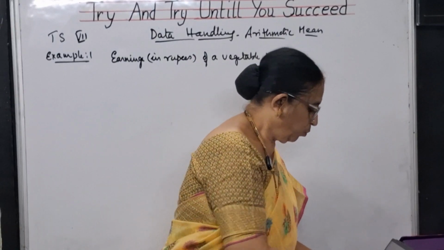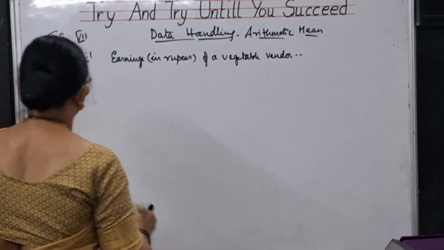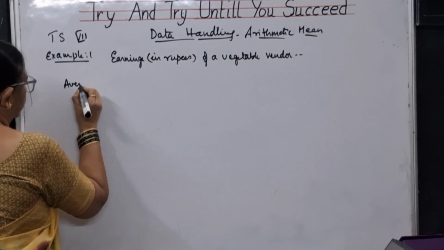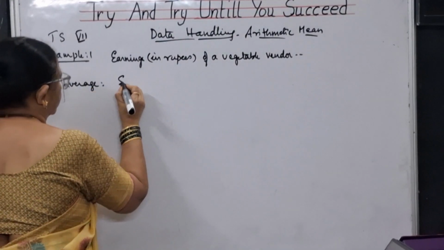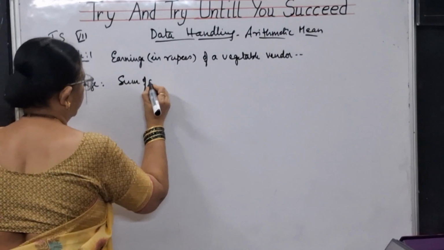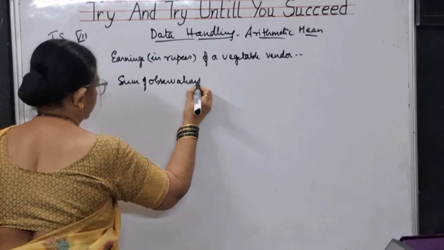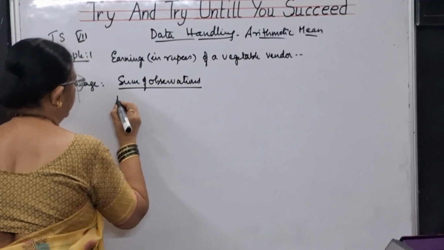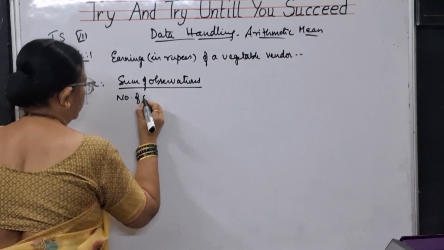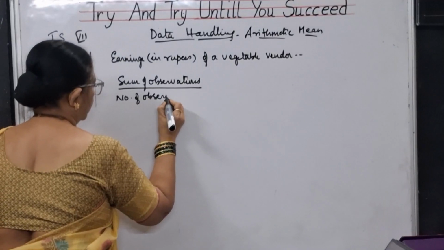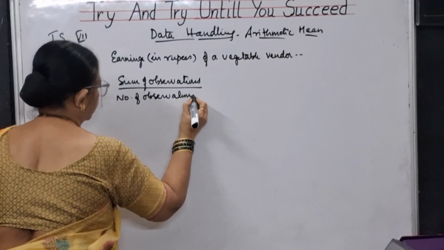So, what is average? Average means sum of observations divided by number of observations.